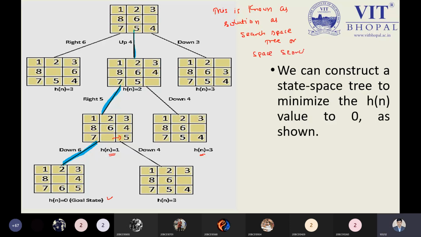As a basic, from the common things, we will use the word space search tree.